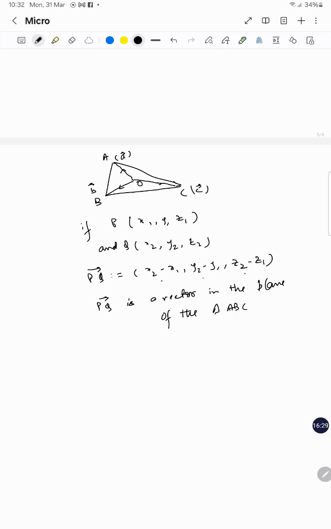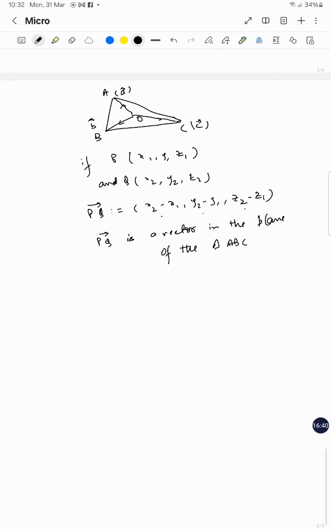And any vector in the plane can be written as a sum of two non-parallel vectors, or it can be written as a sum of these three vectors.